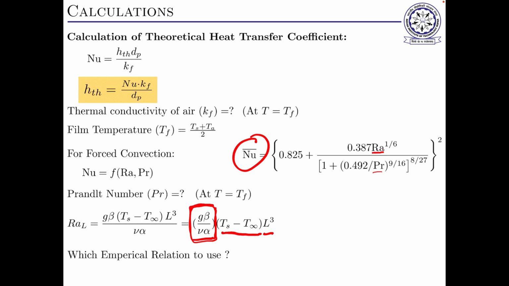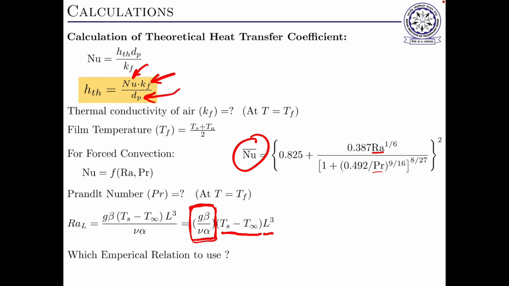When we put this Nusselt number here, this diameter over there, and the thermal conductivity of fluid here, then we will get the theoretical convective heat transfer coefficient.